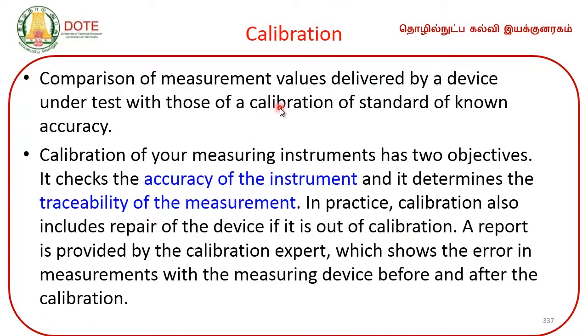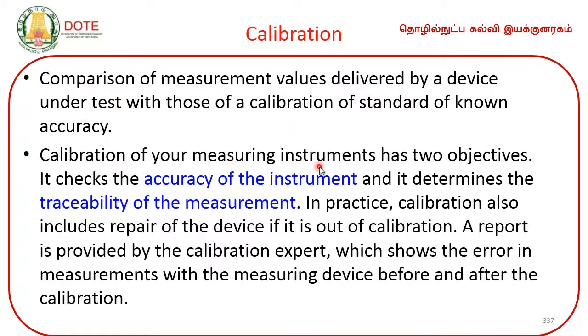We place our stone there and check whether both are 1 kg. If there is an error, then that should be corrected, okay. So, calibration is basically done to correct the error in the instrument, that means to improve the accuracy of the instrument. Calibration is nothing but the comparison.